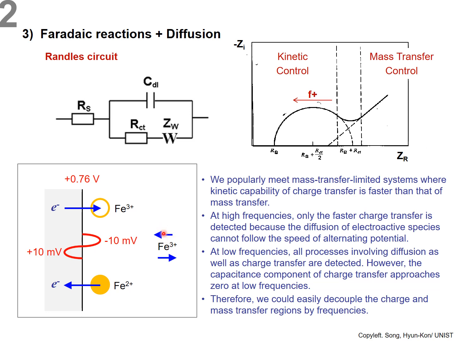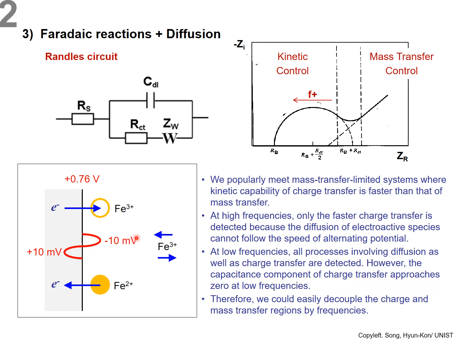So before the movement, I change the minus 10 millivolt variation into the plus 10 millivolt variation along the sinusoidal function. Then, at this time, Fe3+ is trying to go away from the electrode surface. But also, before this movement, I'm back to the minus 10 millivolt. Then again, Fe3+ is trying to go toward the electrode.